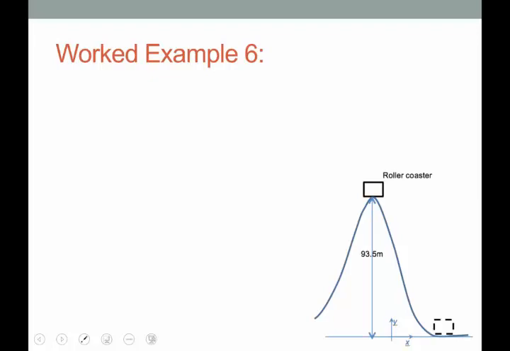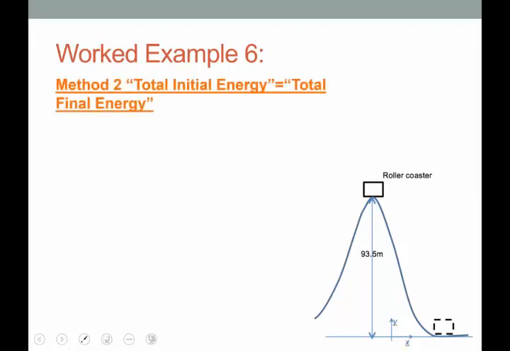Now we do a second approach to solving this question. The second method is called the total energy approach. The total energy initial, which is at the top, will be equal to the total energy at the bottom of the roller coaster.